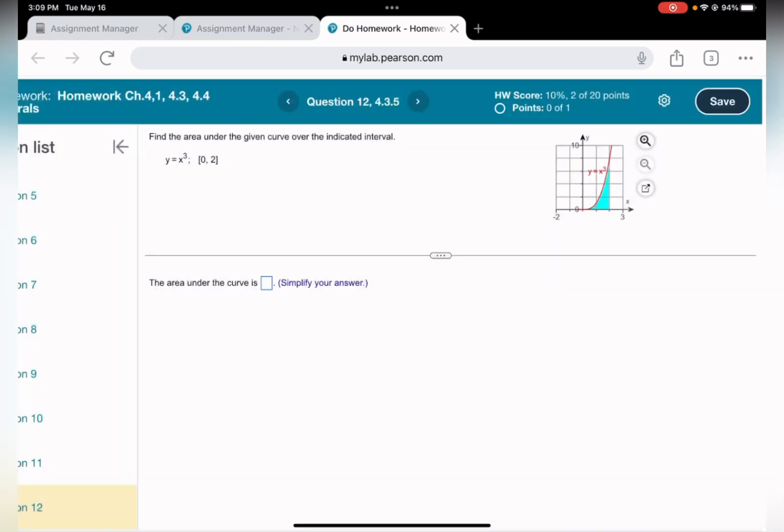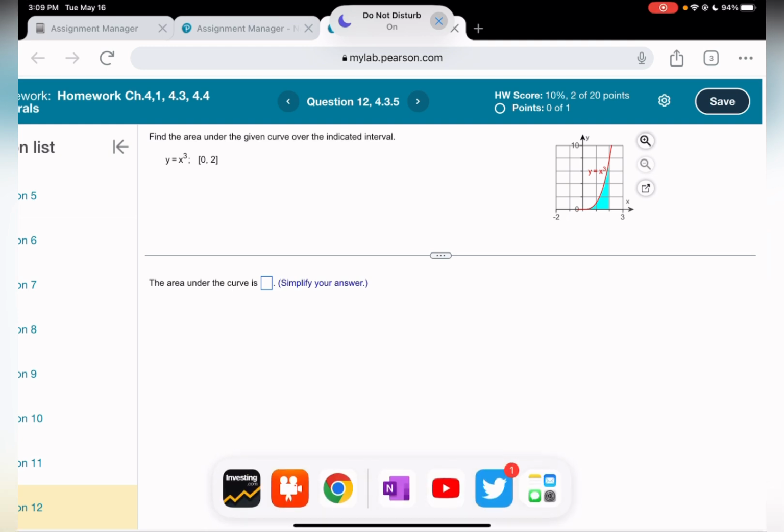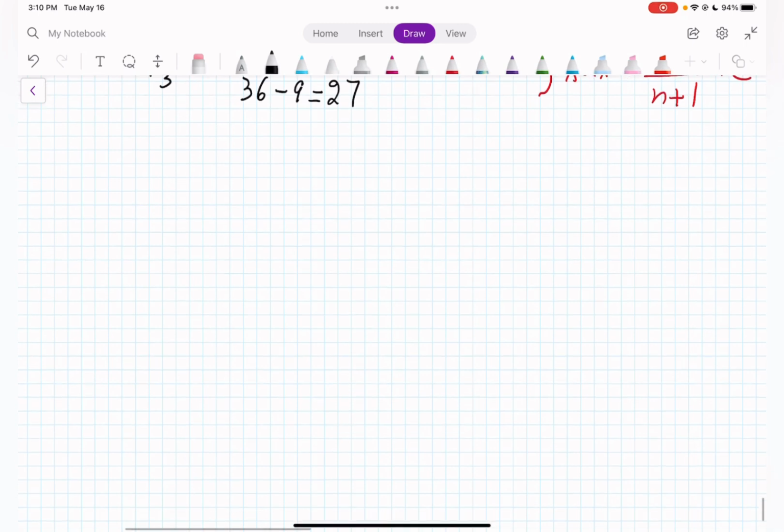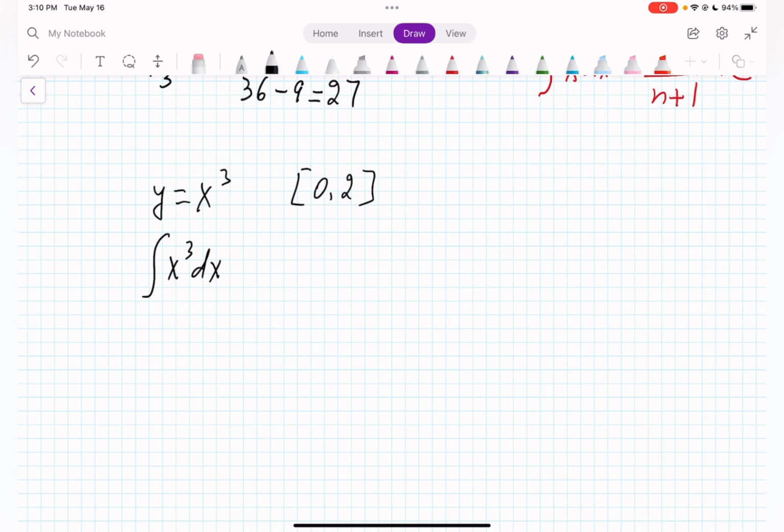Okay. So x cube on interval 0 and 2. Y is equal to x cube on interval 0 and 2. So we get the integral of x cube dx, which is going to be equal to x to the power 4 over 4, right?